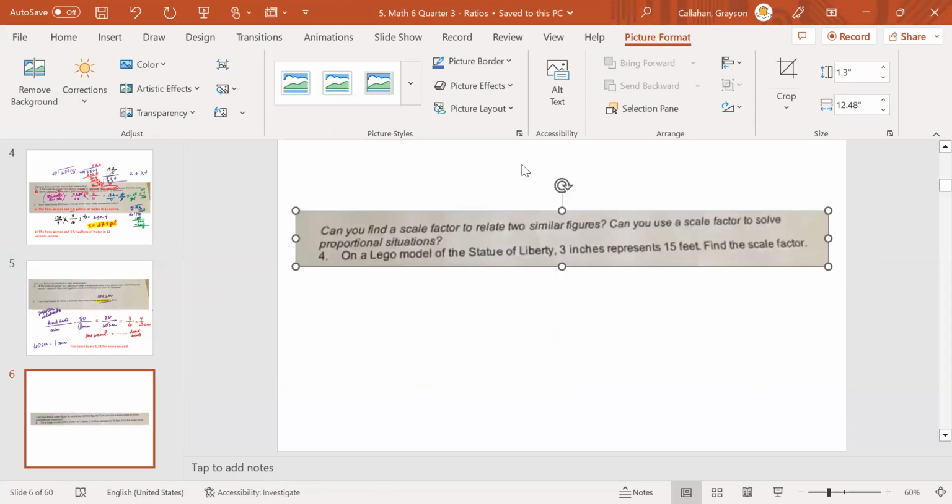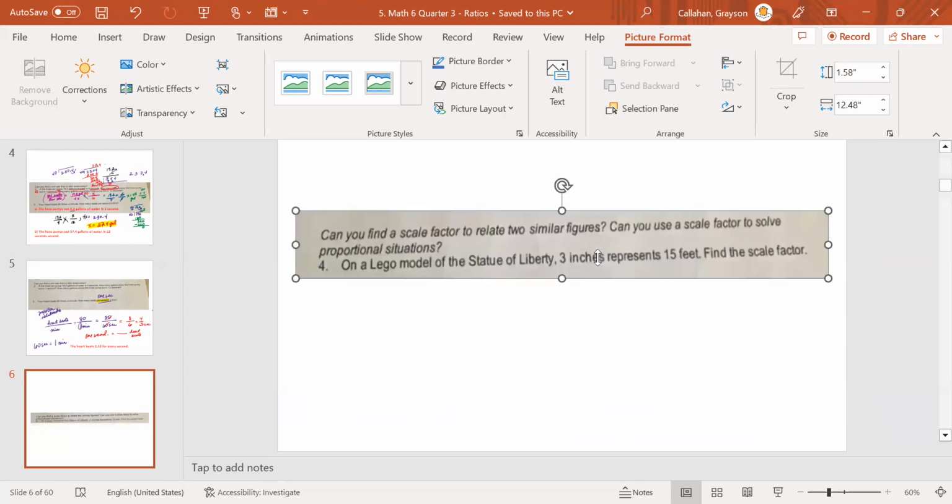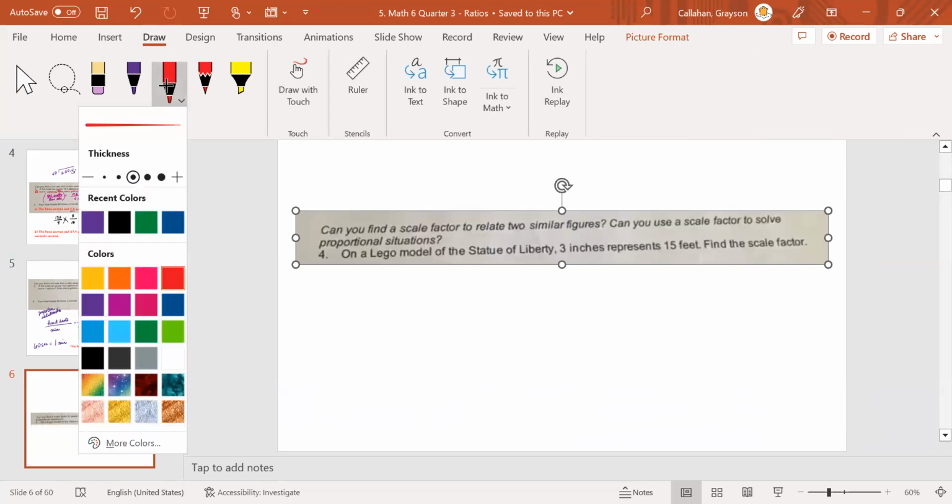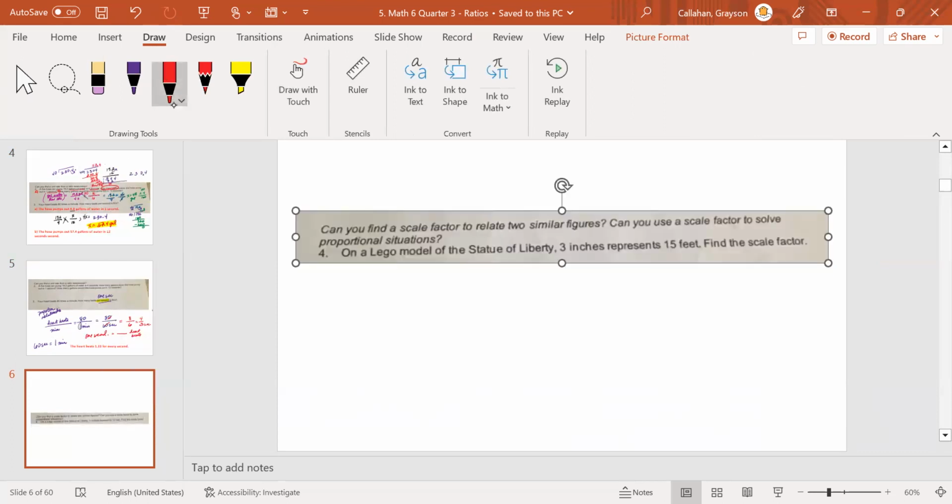Can you find a scale factor to relate two similar figures? Can you use a scale factor to solve proportion situations? On a Lego model of the Statue of Liberty, 3-inch segments represents 15 feet. So this is going to be your proportion.